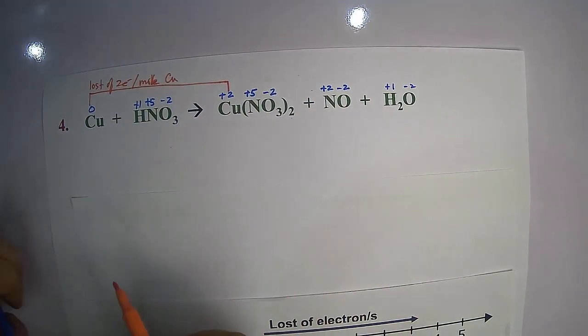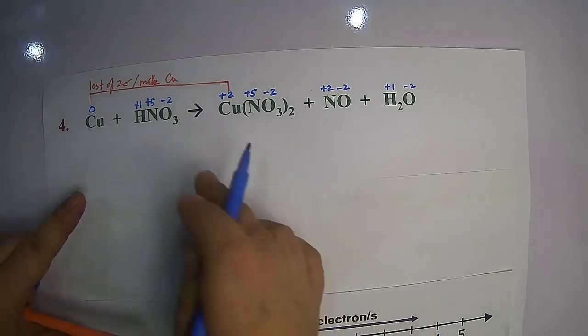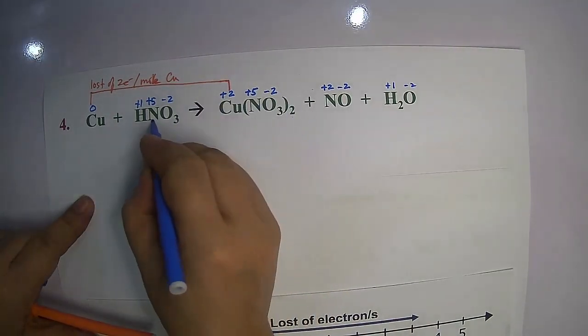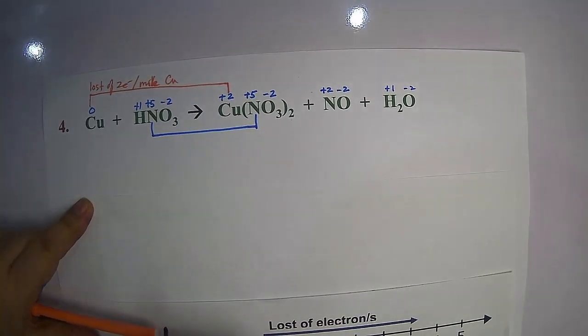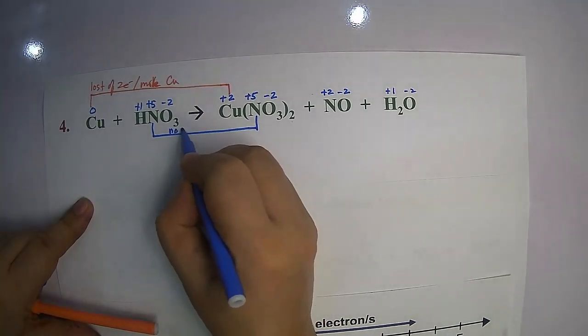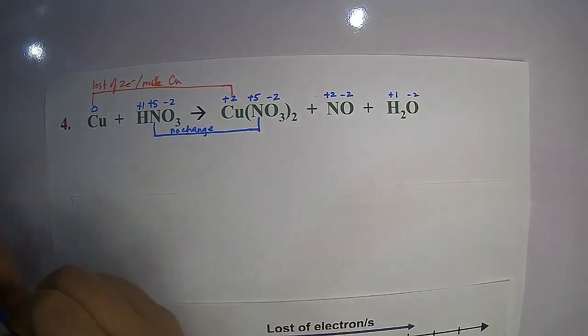That is the total loss. Then you will observe that in this case, there are some nitrate that don't change nitrogen in the nitrate. There is no change in oxidation number in that case.